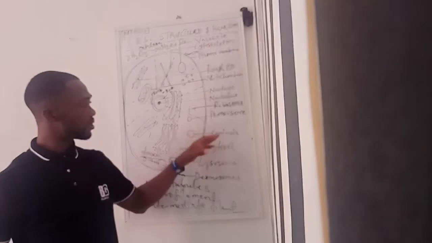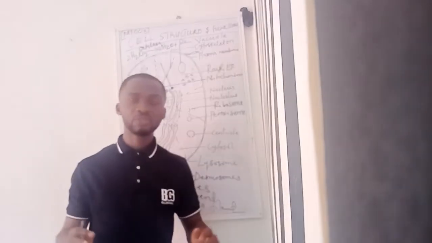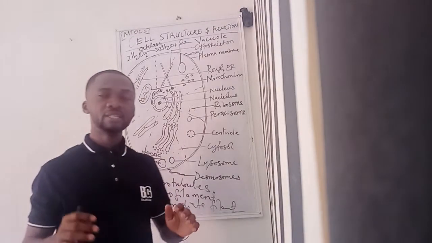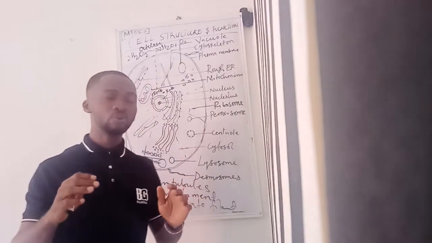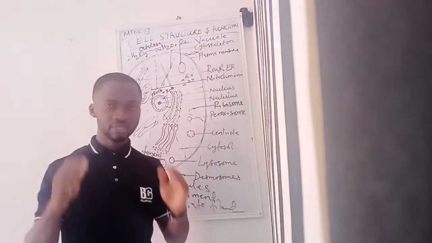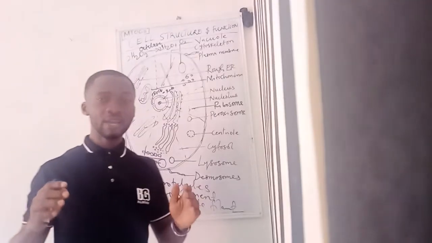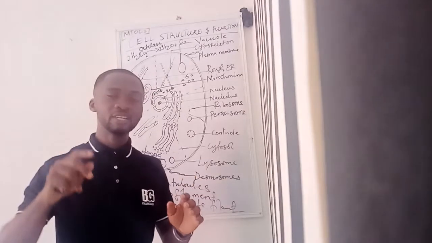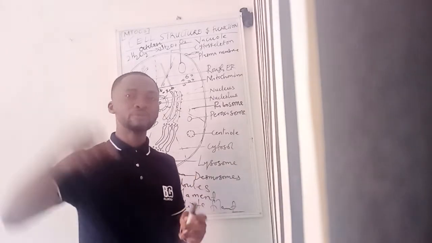We also have the centriole. Now, the function of the centriole is simple: it helps in cell division. Of course, you know that every cell divides. So the centriole helps in the production of the spindle fibers.